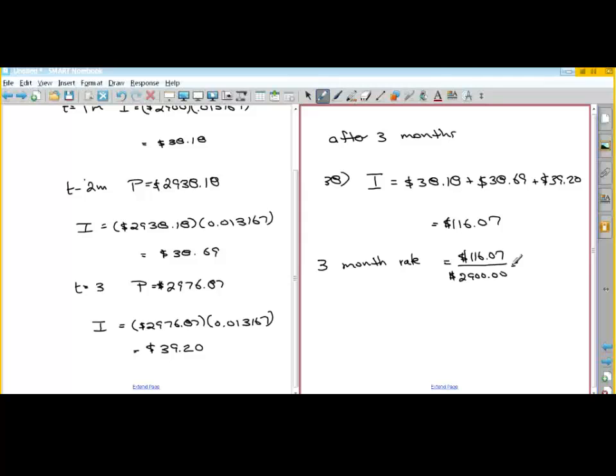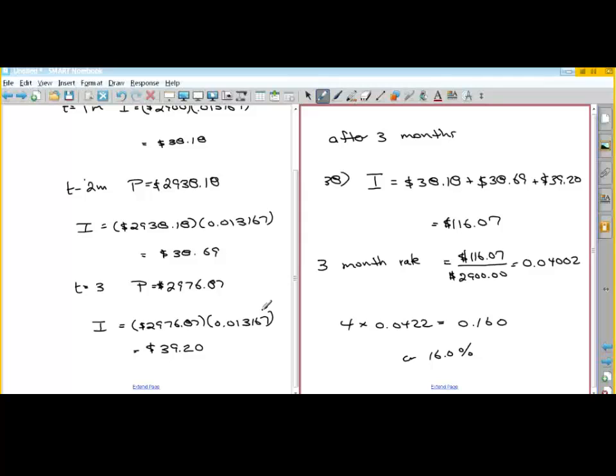So you take 116.07 divided by 2,900. So my 3-month rate is 0.04002. I multiply that times 4 because 3 months times 4 is 12 months. So you take 4 times 0.04002, and I get 0.160, or 16%.